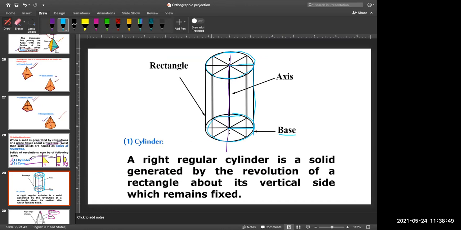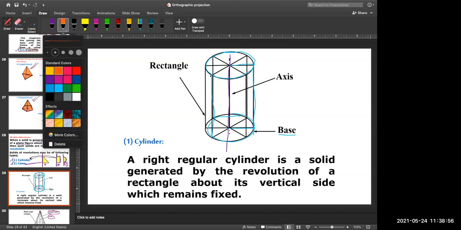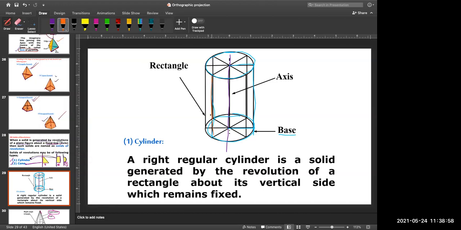And these vertical lines you can see, let me show them in red color. These vertical lines are called generators. These vertical lines that you can see on your screen are the generators of this cylinder.